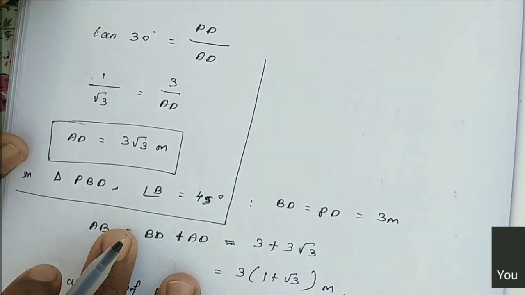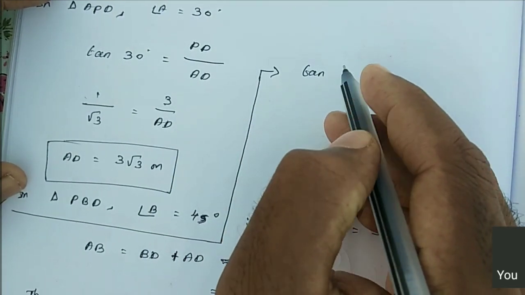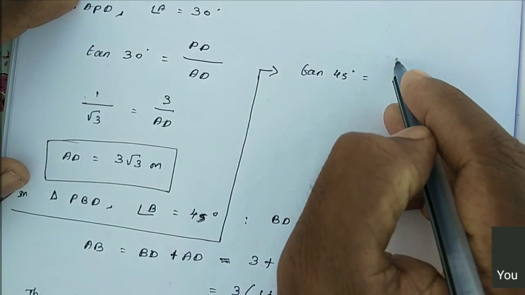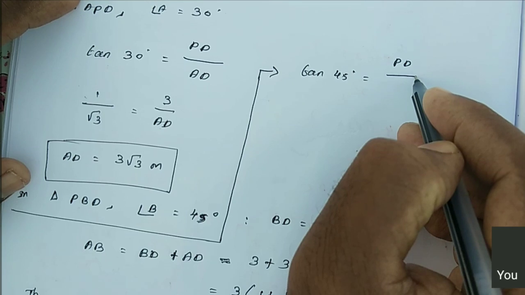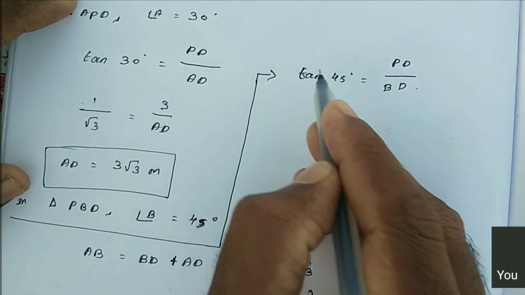After writing this triangle, you can come here. So tan 45 degrees is equal to what? Opposite, BD by what? BD. Very good. Super.